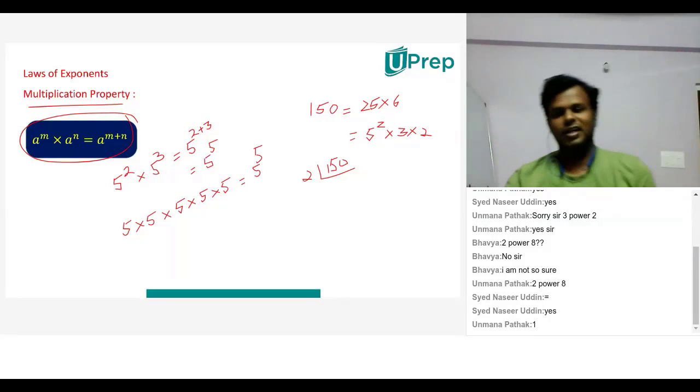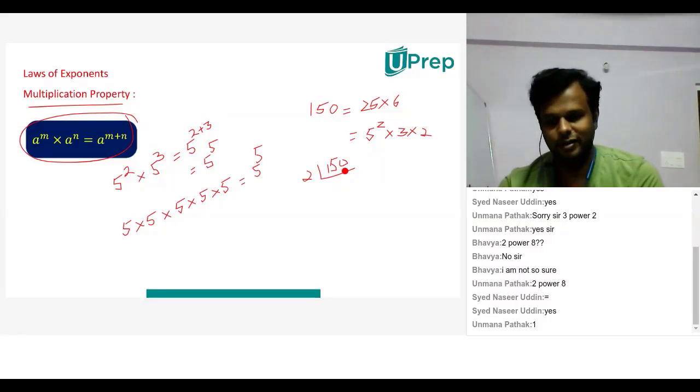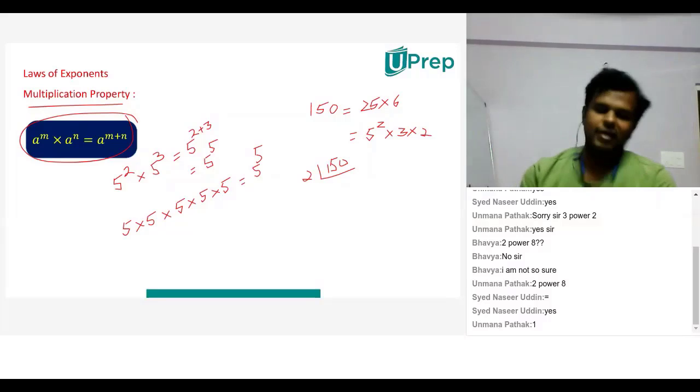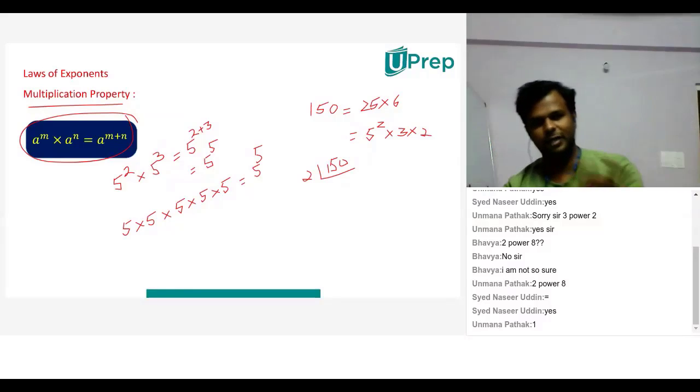See, I always start with 2 because I'll see whether this number is divisible by 2 or not. Whenever you're doing factorization, it is generally called prime factorization because you start dividing with the prime numbers. So first you go with 2. If 2 is not working out, then go for 3. If 3 is not working out, go for 5.